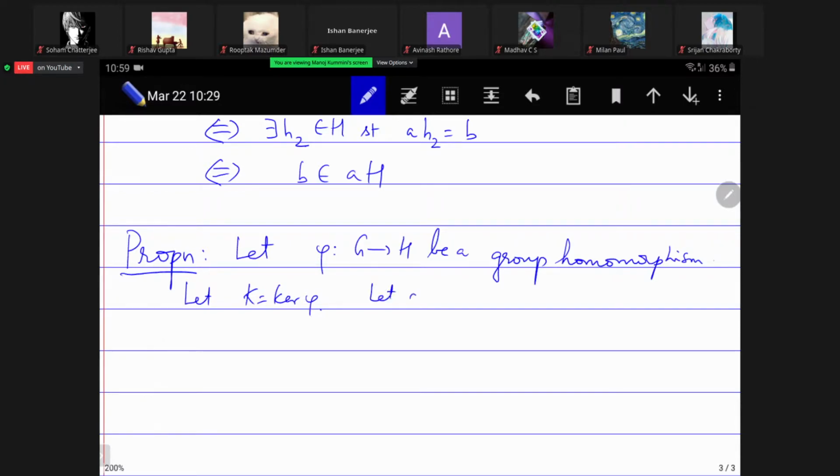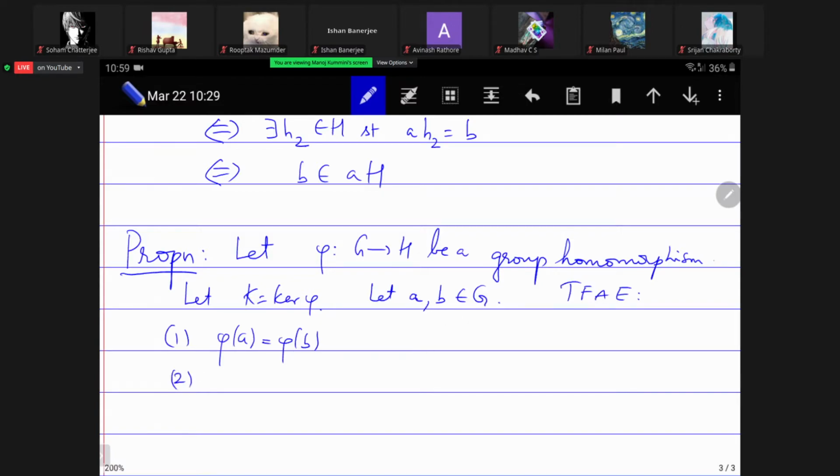Let A and B be elements of G. Now we want to ask, the following are equivalent. One: phi of A equals phi of B. When do the two elements A and B go to the same element in H?